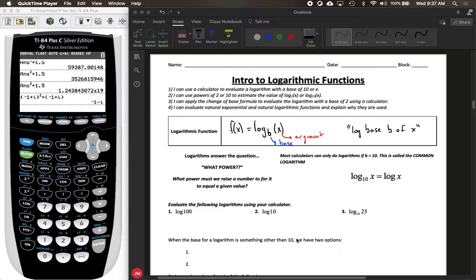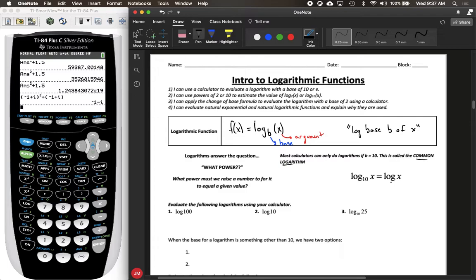Let's start by talking about the base of 10. When you have a calculator that does a log with base 10, we typically call that the common logarithm. So in other words, what we've got right here written, log base 10, is what is known as the common logarithm. And it's assumed that if the base is not written there, so log of x, we assume that the base is a 10.